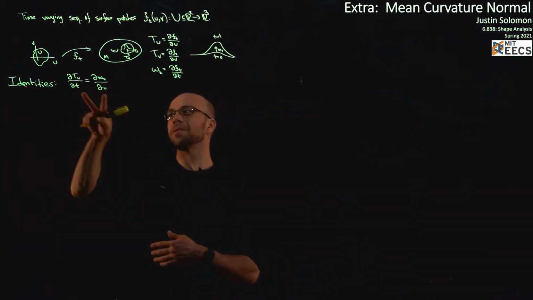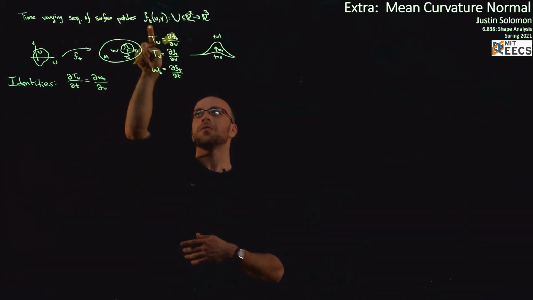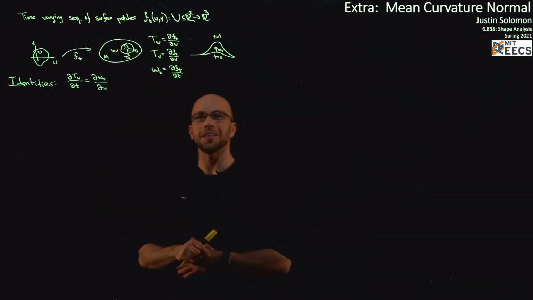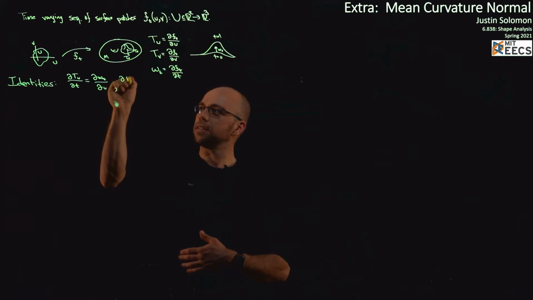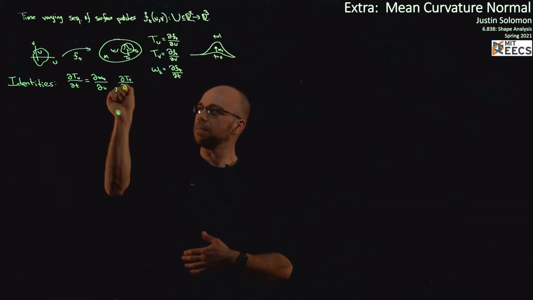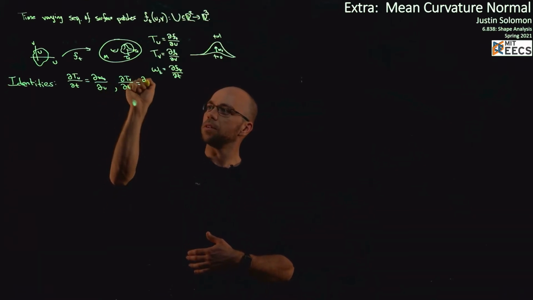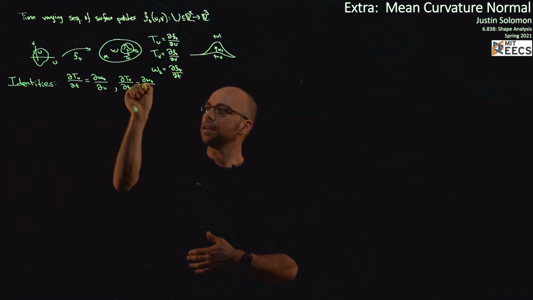Both of these things are just differentiating f once in time and once in u, and there's equality in mixed partials. Similarly, I can say dTv in time is equal to the derivative of Wt in v.